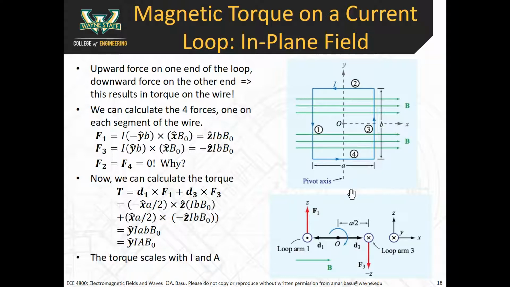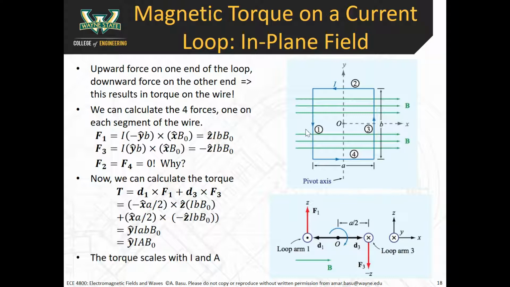If you were to turn this thing another 90 degrees, and then beyond, what's going to happen is that this segment of the wire, segment 3, is now going to be on the opposite side. If you turn it enough, segment 3 is going to be on the opposite side.